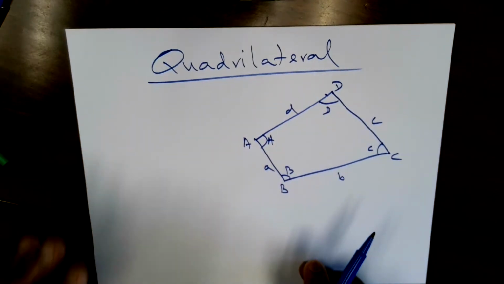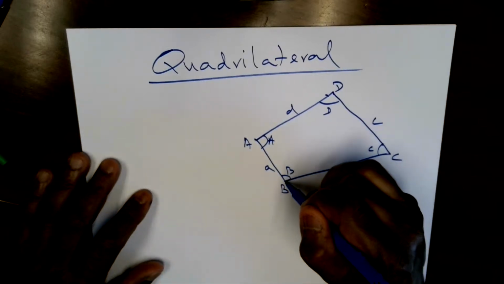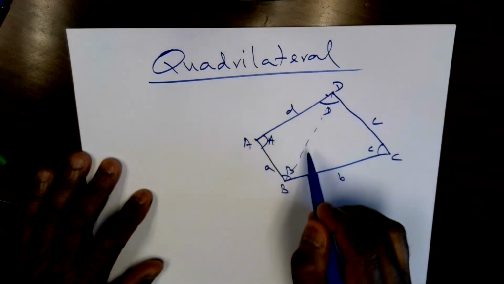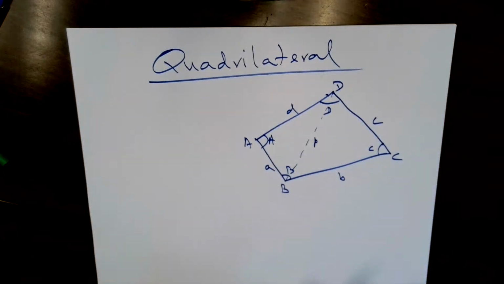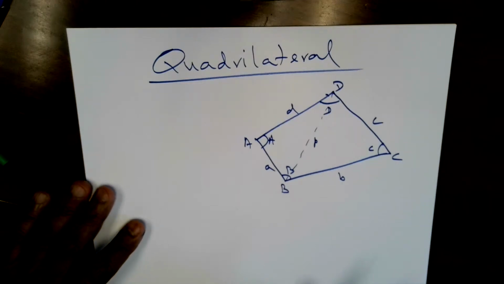So first, let me find the area of a general quad. You can see the natural way is to bring in what we learned. So call the diagonals, I'm going to call this P. The other diagonal is Q. And there is a relation between P and Q from Ptolemy. I'll just state it when I need it at that time.